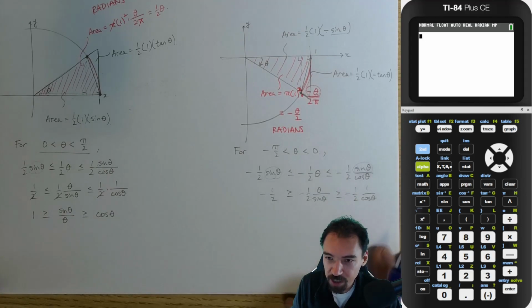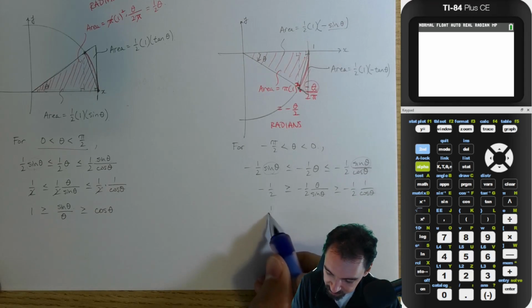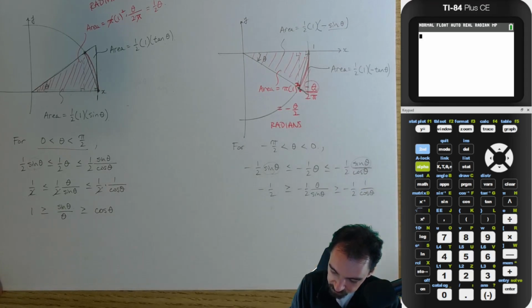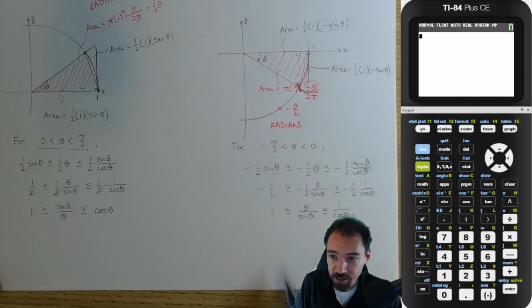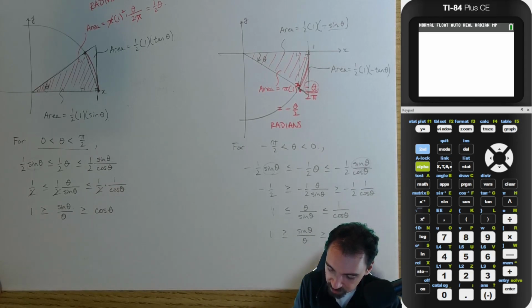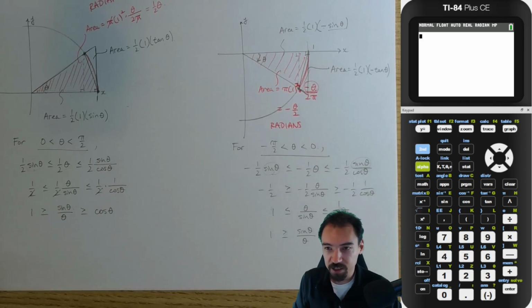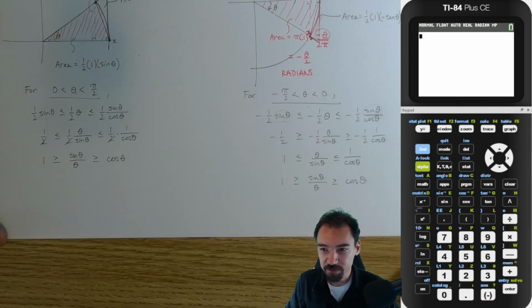And then when I multiply by -2 to get rid of the negative 1/2, I'm multiplying by a negative number again. So I will have this situation, which is the same thing I had back here. When I reciprocate, I end up with 1 greater than or equal to sine theta over theta, which is greater than or equal to cosine of theta. And I have the exact same set of inequalities, except now I've established it for positive theta and negative theta.